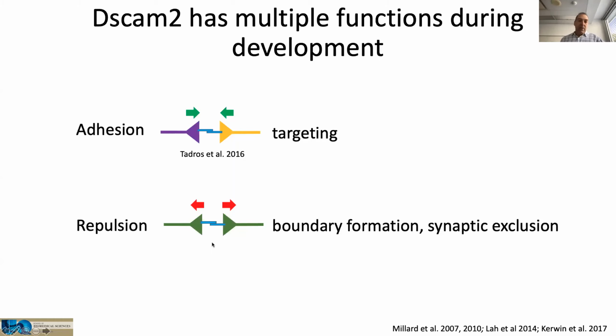But then that adhesion is broken and the neurons move away from each other. This has been shown to be important for forming boundaries in the brain and also for a process called synaptic exclusion, where multiple dendrites from the same cell are prevented from being involved in the same synapse through DSCAM2 and DSCAM1 dependent repulsion.